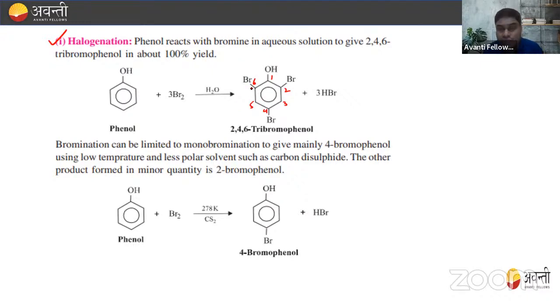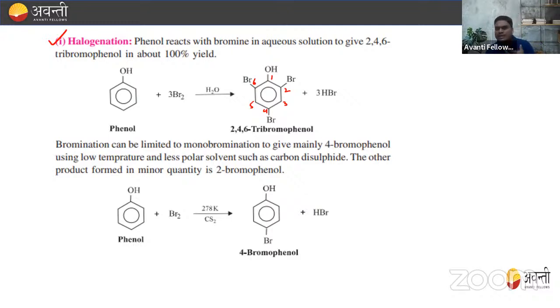So this is known as 2, 4, 6. We have a bromine group at 2, 4, 6. That is tribromophenol. So this is what we get: 2,4,6-tribromophenol plus 3HBr. So always remember this thing, beta. The halogenation of phenol in presence of aqueous, or we say water, gives us 2,4,6-tribromophenol.